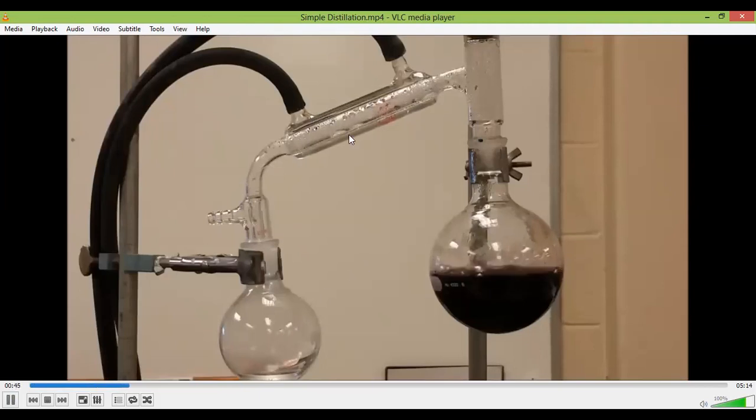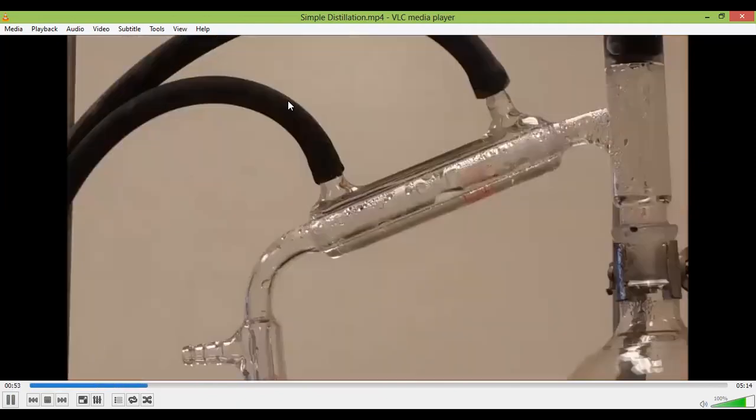In the outer tube of the condenser, water is flowing around the inner tube. The first outlet and the second outlet of the outer tube of the condenser are connected to rubber tubing.